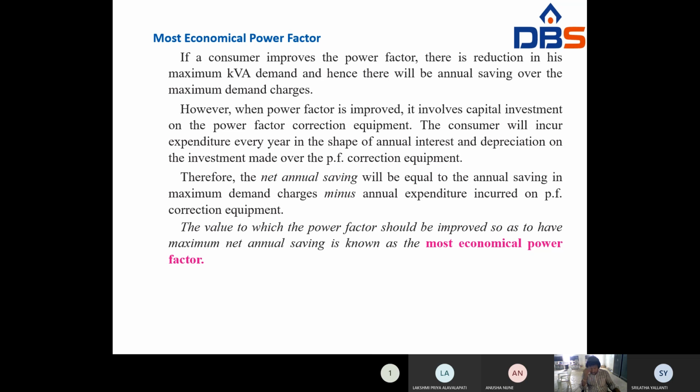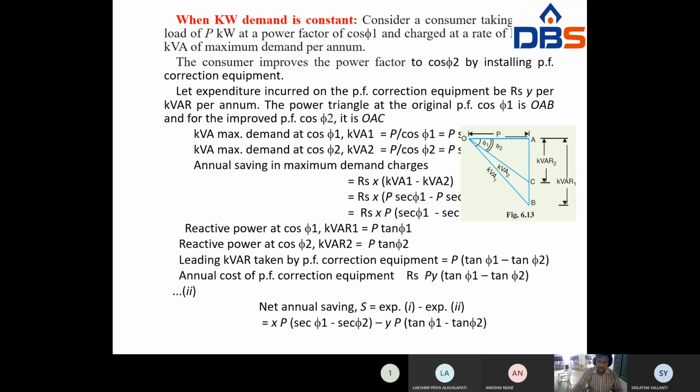The value to which the power factor should be improved so as to have the maximum net annual saving is known as the most economical power factor. So you have to derive the most economical power factor. Again here there are two cases: when kilowatt demand is constant, and when kVA demand is constant.